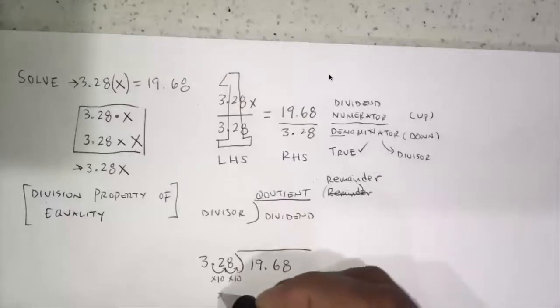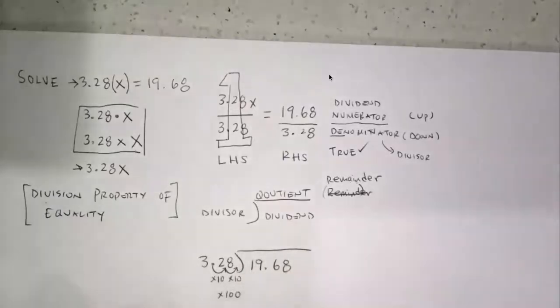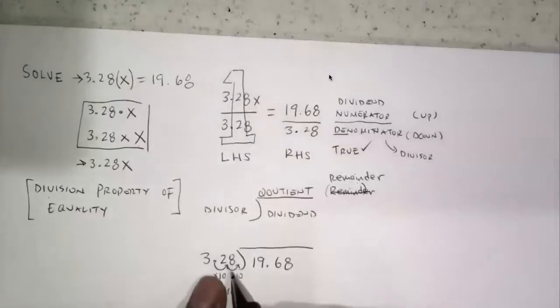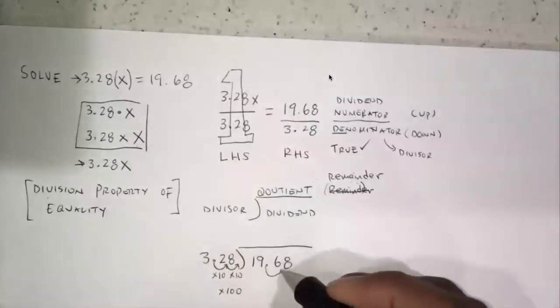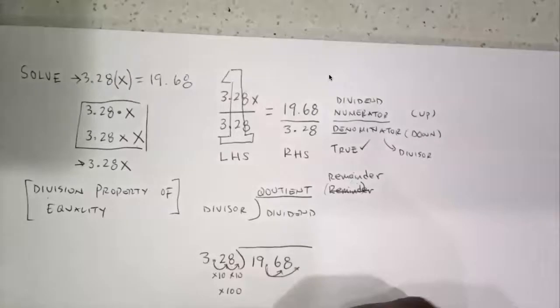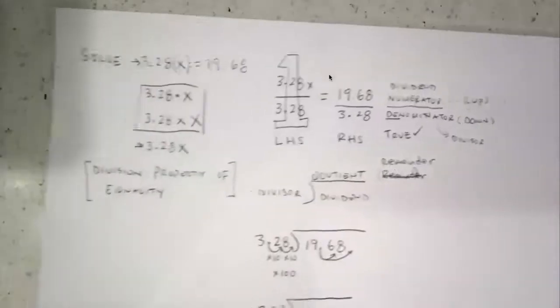So that's technically multiplying it by 100. And whatever we do to the outside of the division house, we must also do to the inside. So we're going to do the same thing here. So this becomes 1,968.